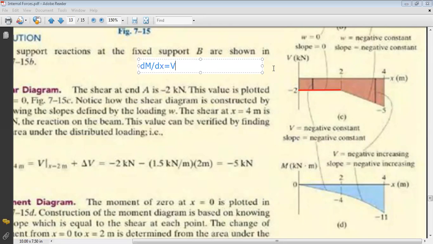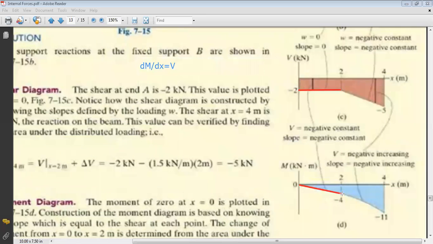This means that if the shear is constant, M will be linear, and if the shear is negative, M will be decreasing.